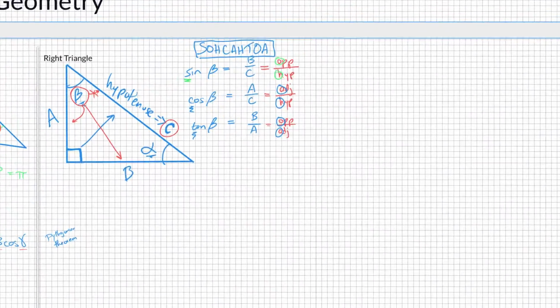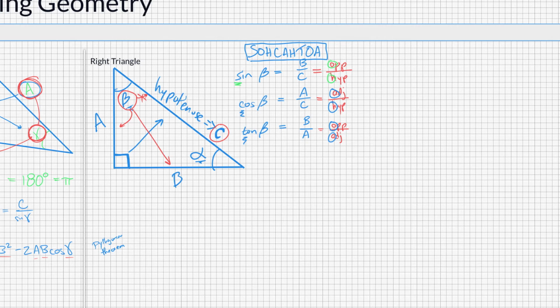We can also do this with the other angle over here. I could, if I wanted to, do it with alpha.